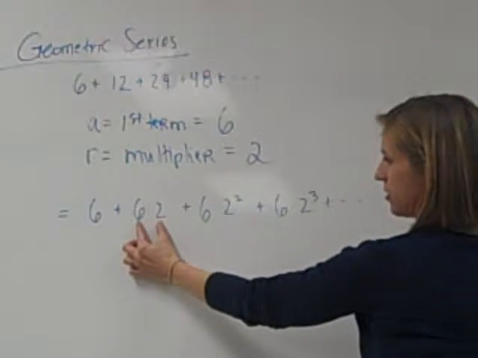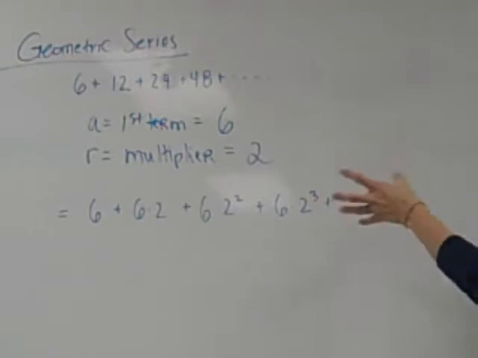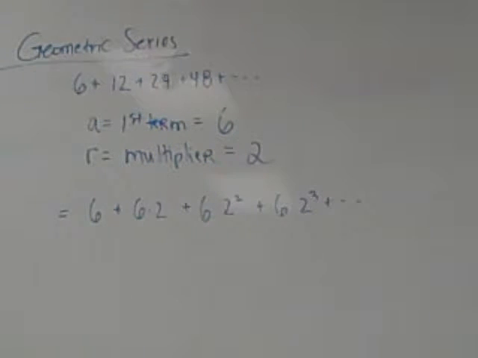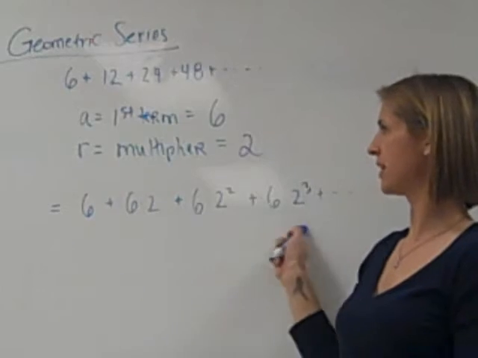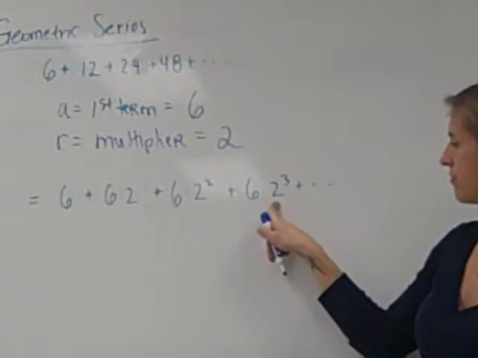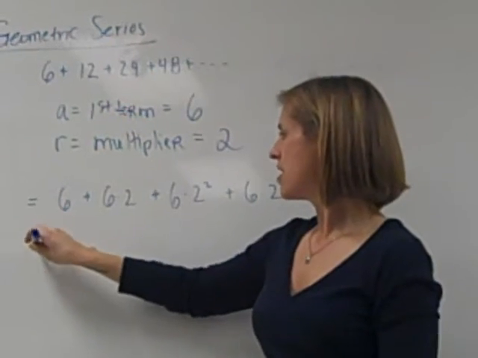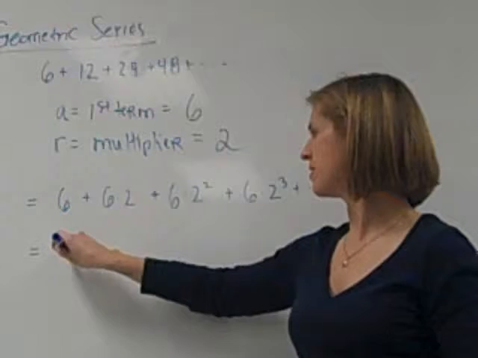I'm multiplying it by a 2. I'm multiplying that by another 2. I'm multiplying it by another 2. So that's a fancy way to write my series. Does that make sense? That I can take 6, 12, 24, 48 and rewrite it like this, multiplying each subsequent term by 2. The only reason I'm doing this is because sometimes you'll see a geometric series written this way.